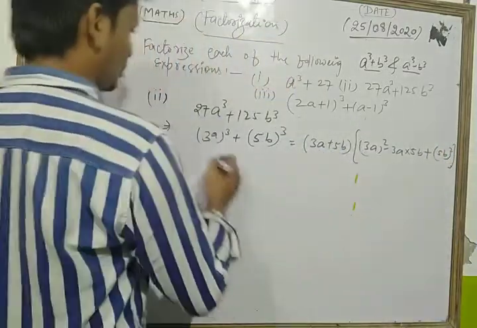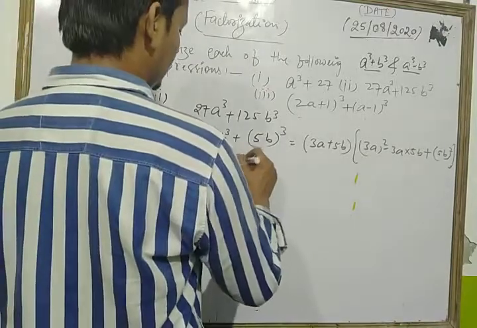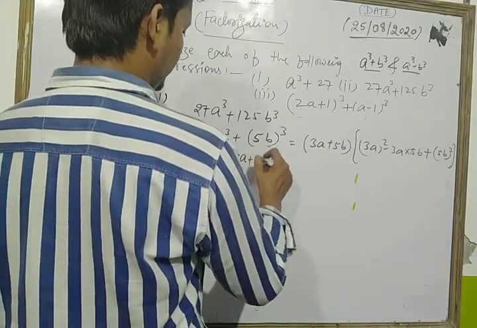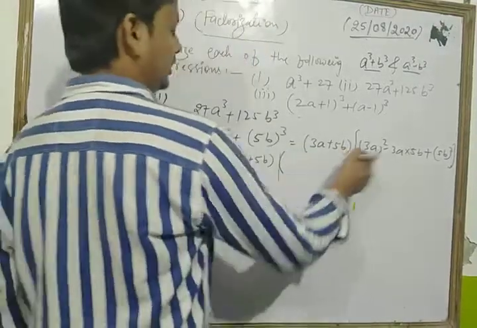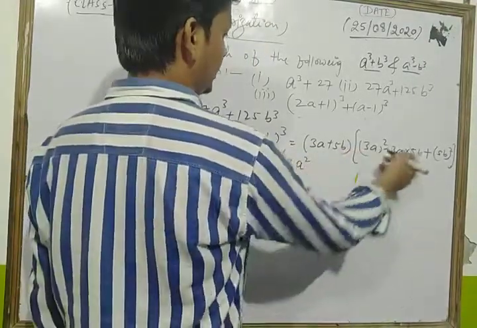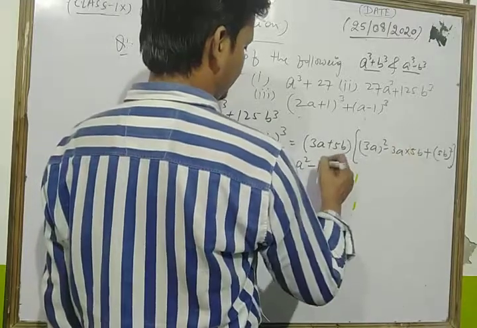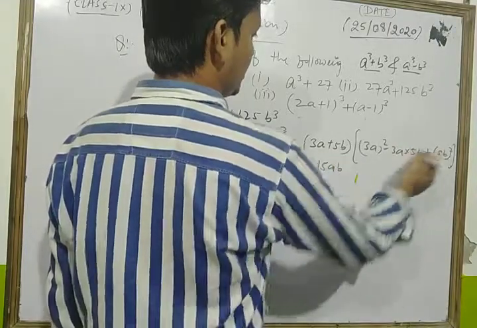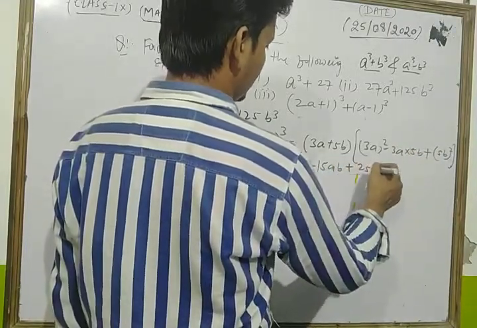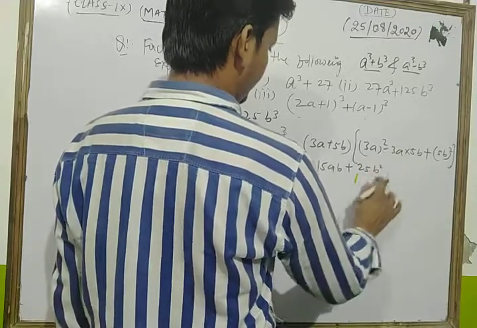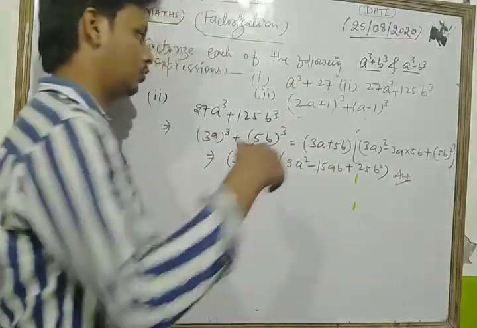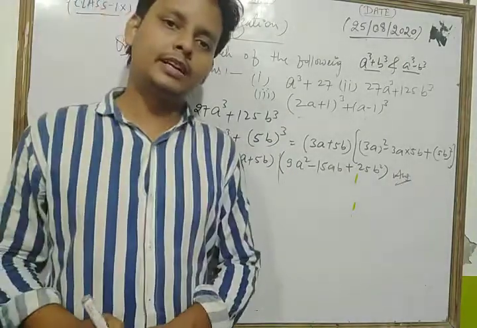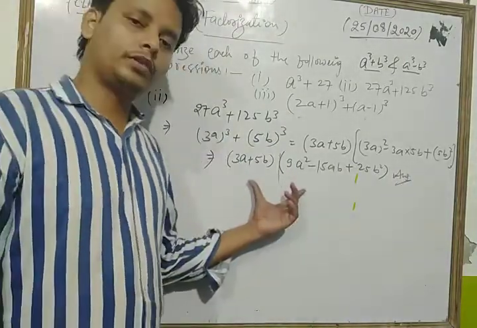Now we write (3a plus 5b) in a bracket, and then 3 3 is 9a square, minus 3 5s are 15ab, plus 5 5 is 25b square. So this is our answer.